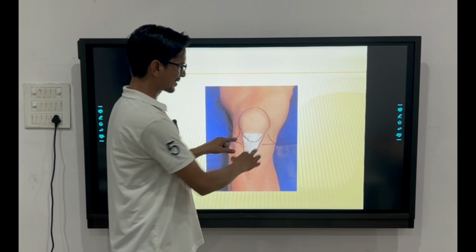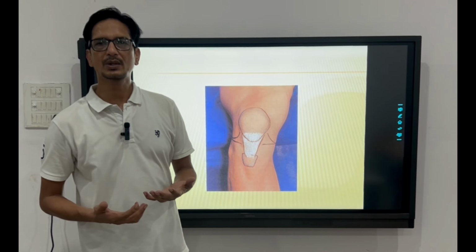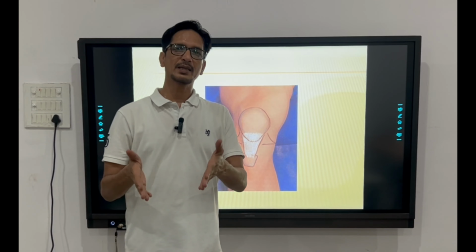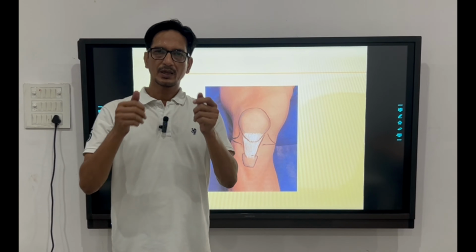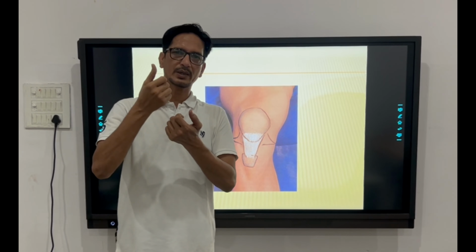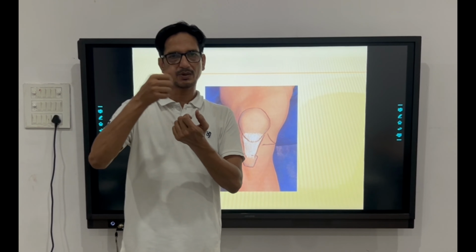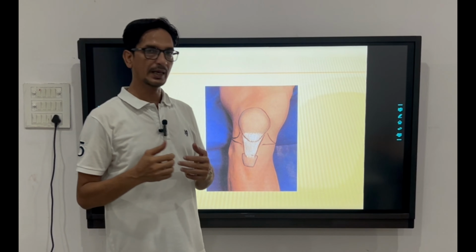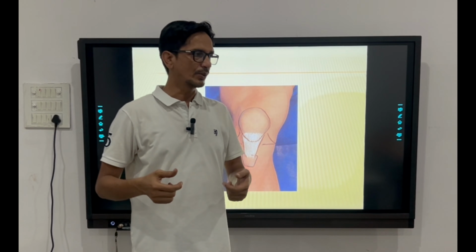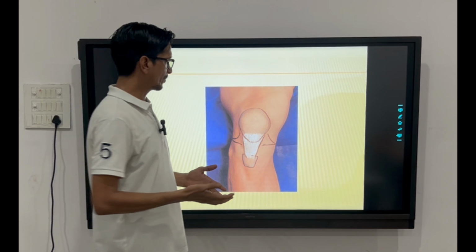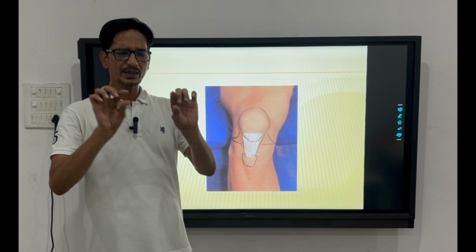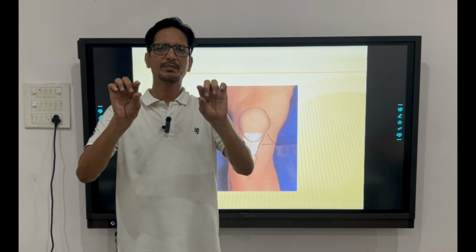So basically this is the joint space, and you can identify in flexed knee, or when your knee is in 90 degree flexion, your joint opens up. तो यहाँ पे आप clear cut femoral condyle in proximal direction, you can palpate the femoral condyle, and distally you can palpate the tibial plateau, means you can ultimately feel the joint space just adjacent or at the level of your apex of patella.